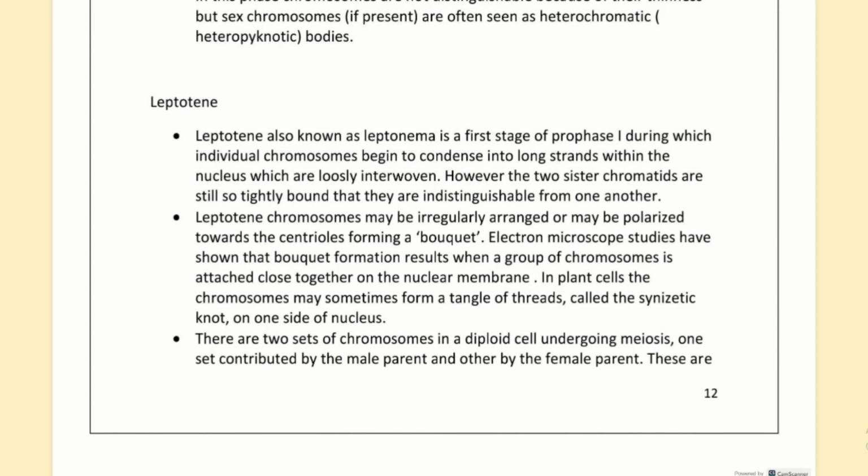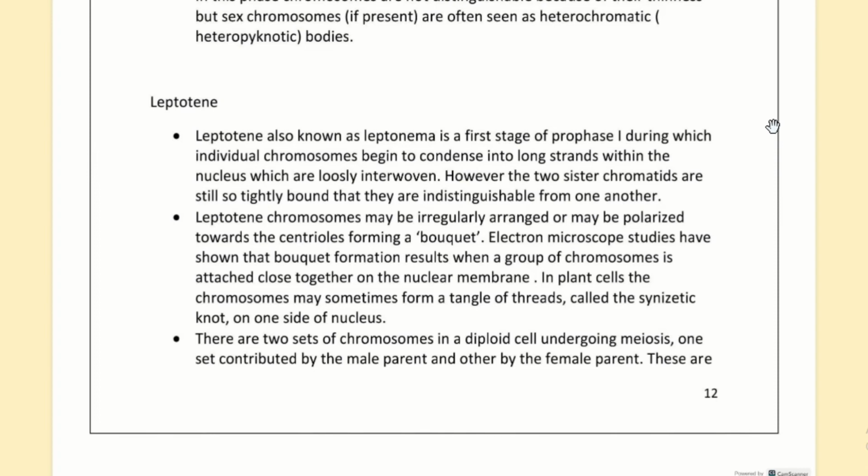Leptotene chromosomes may be irregularly arranged or may be polarized toward the centrioles, forming a bouquet. Electron microscope studies have shown that bouquet formation results when a group of chromosomes is attached close together on the nuclear membrane. In plant cells, chromosomes may sometimes form a tangle of threads called a synizetic knot on one side of the nucleus.